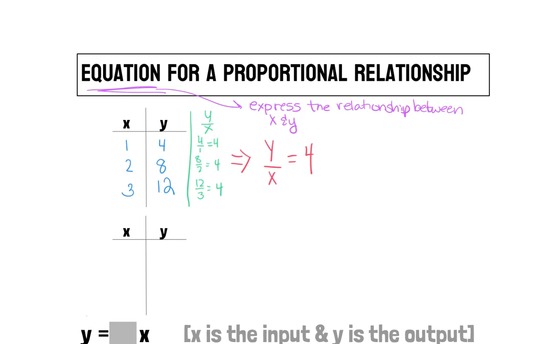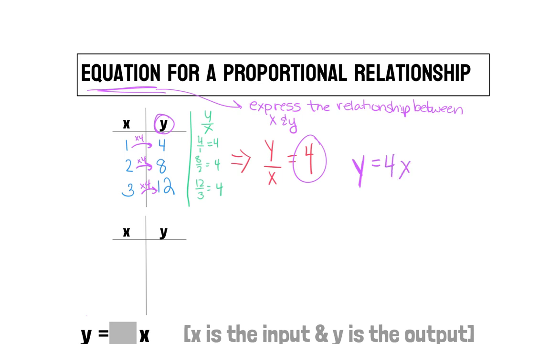What can we multiply x by to give us y? So this is where we get 1 times 4 is 4, 2 times 4 is 8, 3 times 4 is 12. So when we're talking about an equation, we can say y is equal to, in this case, 4 times x.